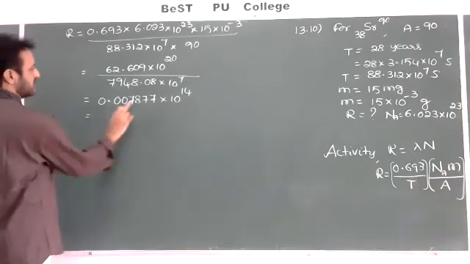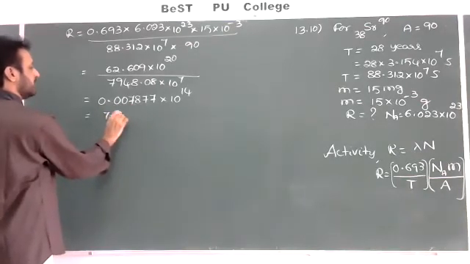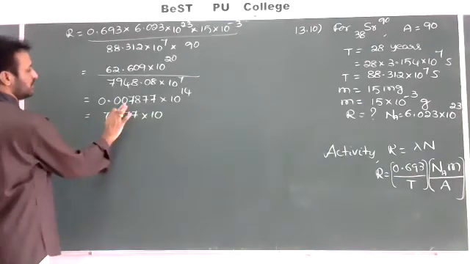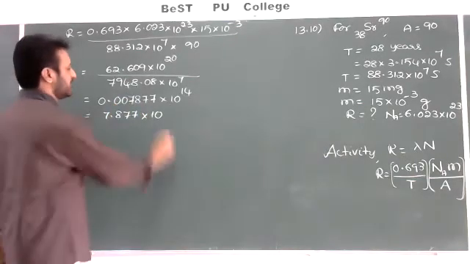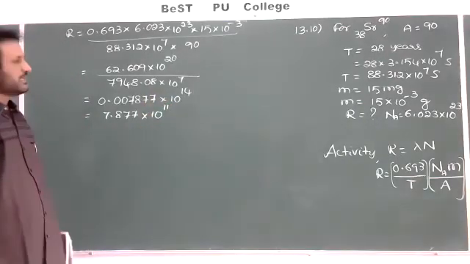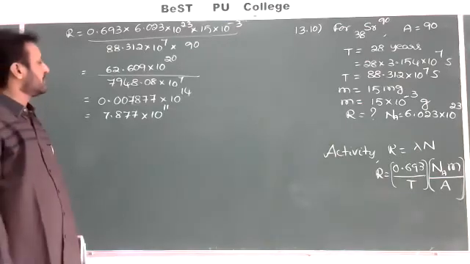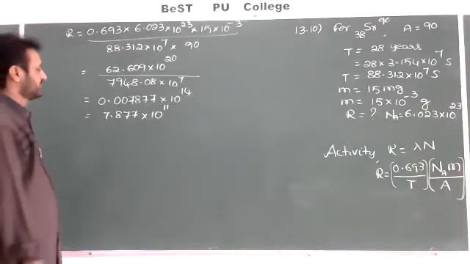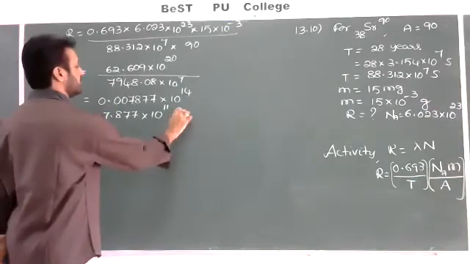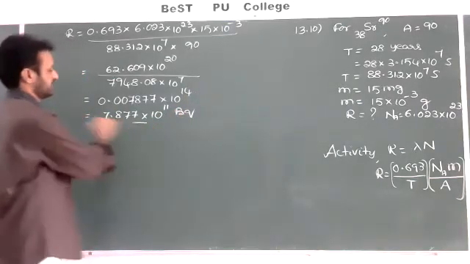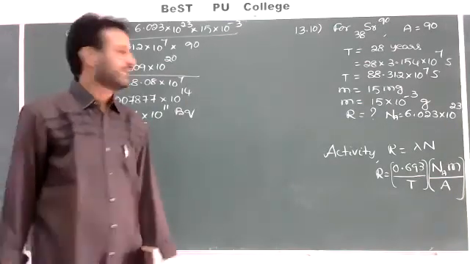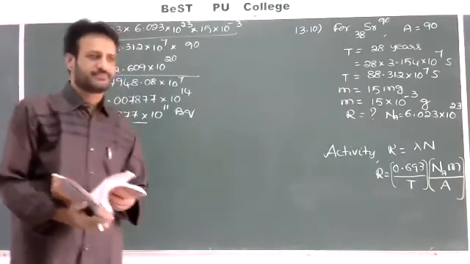Adjust the digits: 7.877 into 10 to the power of 11, or we can write 0.78 into 10 power 10 also. Your choice. That is equal to 7.877 into 10 to the power of 11 becquerel.